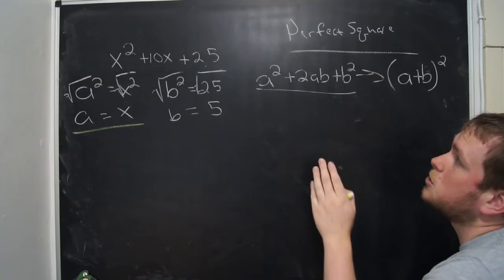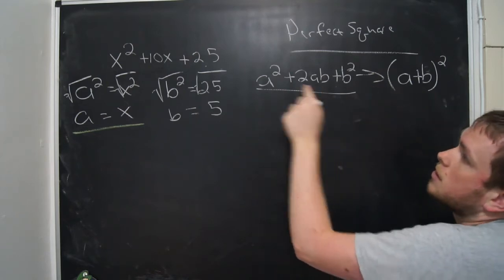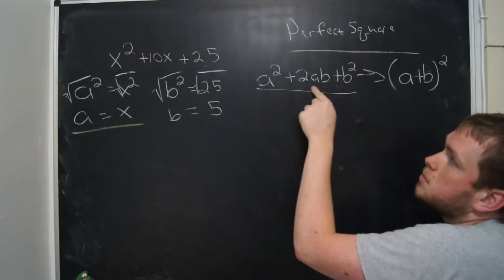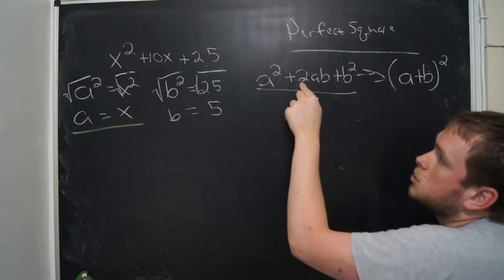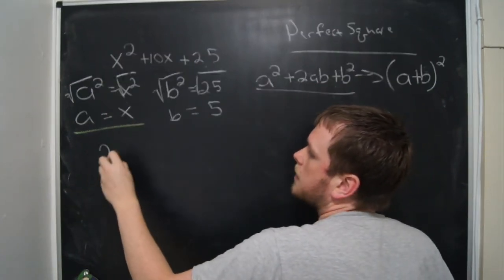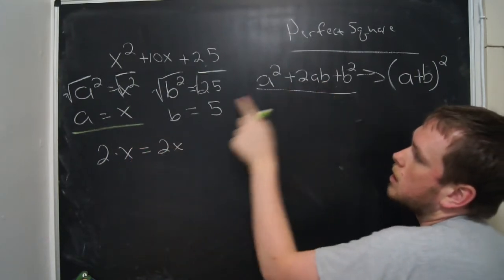The last thing I need to do to see if I can use this method is to see if my middle term, in this case 10x, is equal to 2 times a times b. Well, 2 times a is 2 times x, which is 2x, times b, well our b is 5.